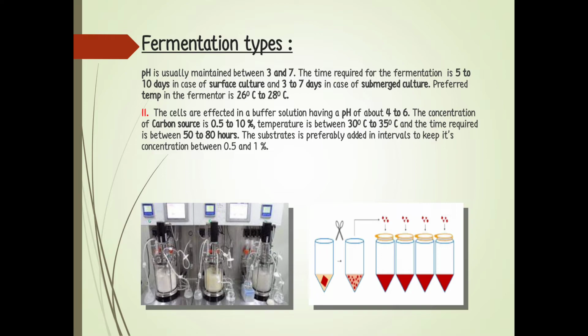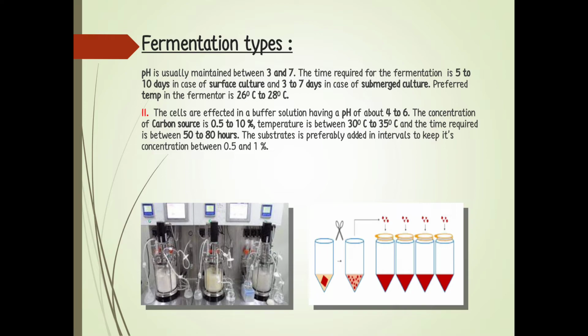Whereas for the cell suspension process, the requirement of carbon source is 0.5 to 10%, the pH is 4 to 6, the temperature is 30 to 35 degrees Celsius, and most importantly, the time is just 50 to 80 hours. Why? Because cell suspension is nothing but preparing a true single cell suspension of our sample, which optimizes cell separation by avoiding additional cell loss and enabling maximum labeling of the target cells.